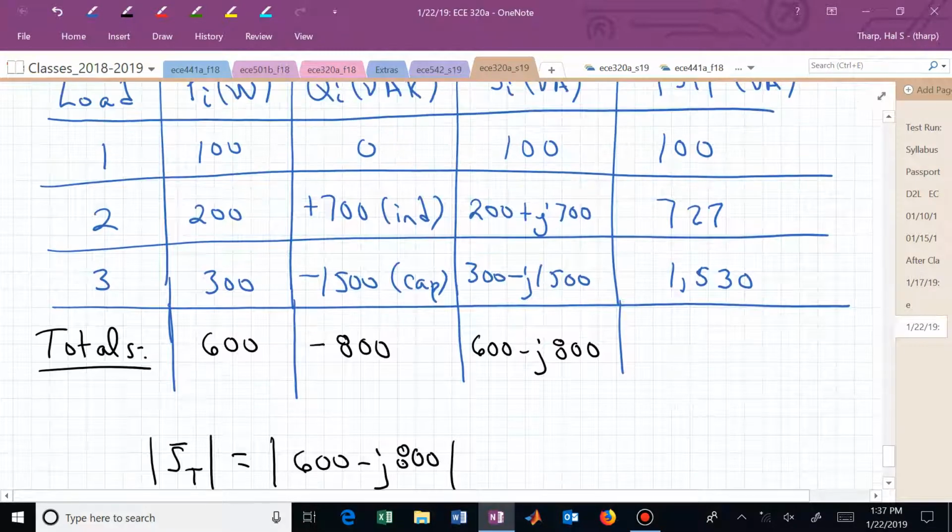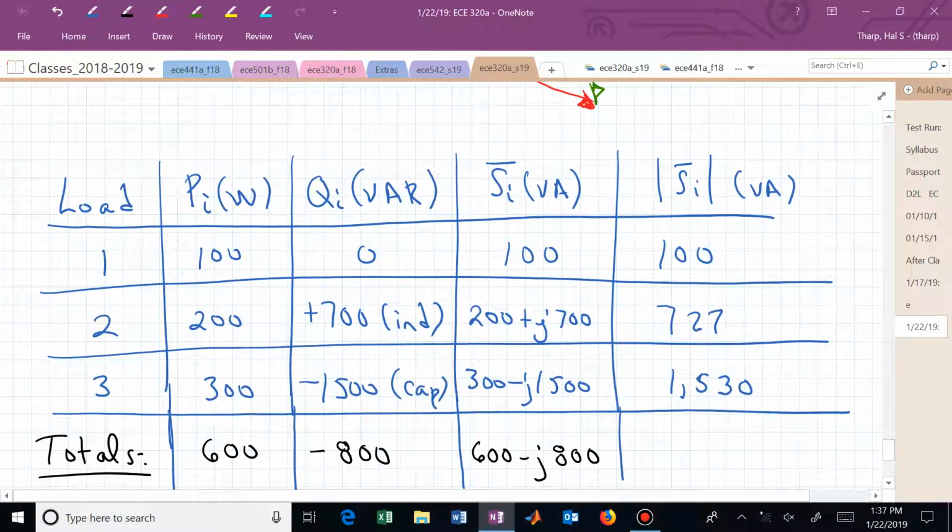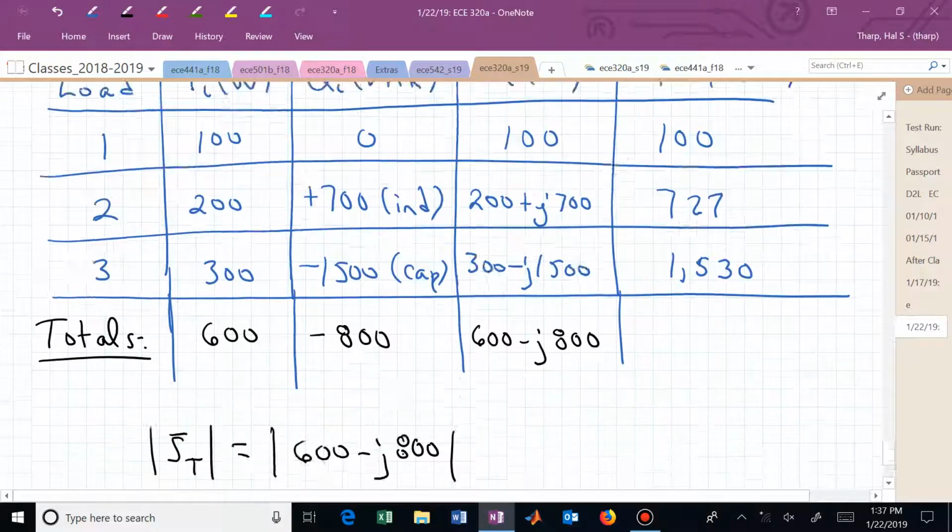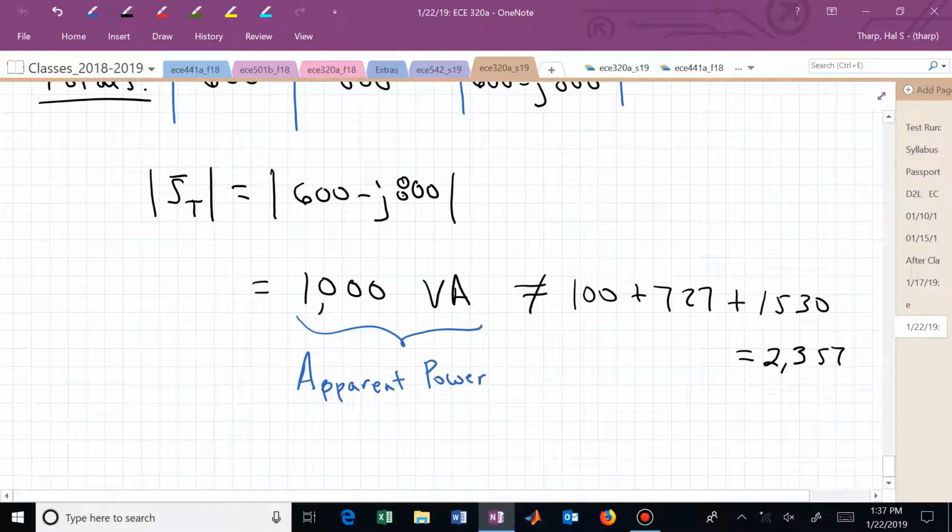If we added up the subsystem's apparent powers, that's not going to be the same as the apparent power of the total complex power.